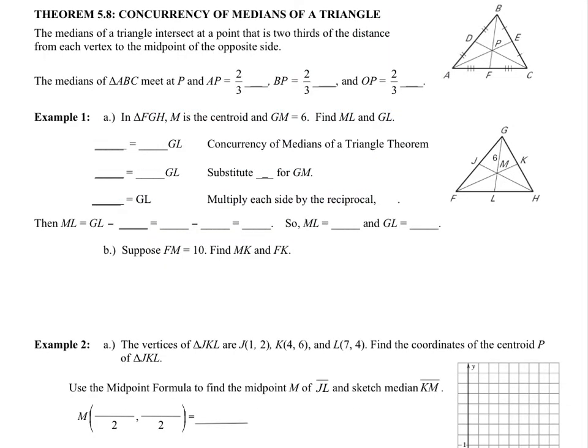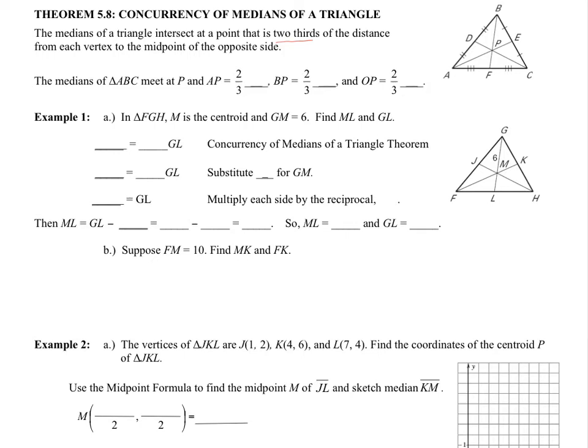Now let's focus in on medians of a triangle. In Theorem 5.8, it states that the medians of a triangle intersect at a point that is 2/3 of the distance from each vertex to the midpoint of the opposite side.